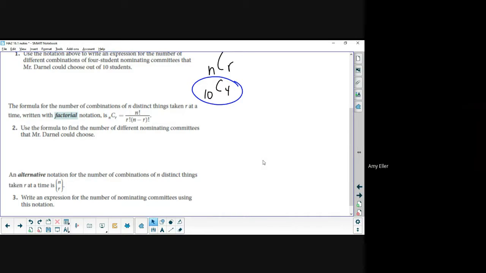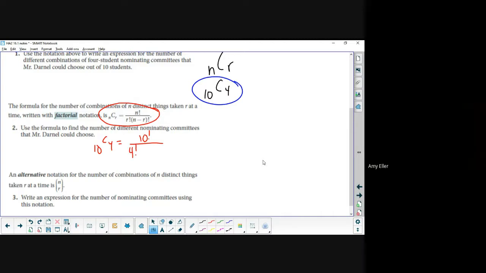So if I want to know, I have 10 people and I want to pick 4, how many different groups could be made? This is how you're going to do that. If I have 10, choose 4, let's just follow the formula. N factorial. N is the first number. So 10 factorial over r factorial.